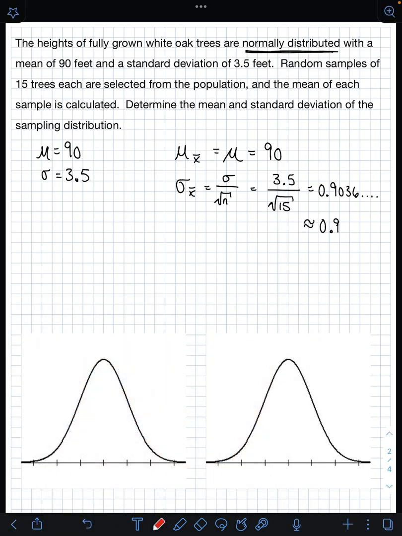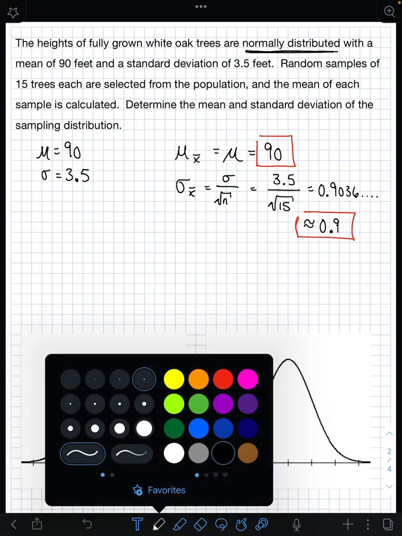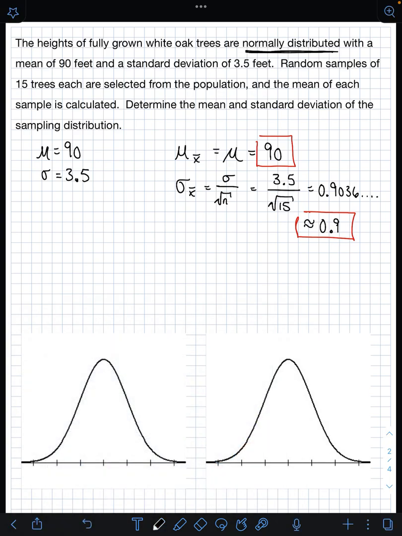So we've got our mean of 90 and our standard deviation of 0.9. Now, I have two normal distribution curves down here, and the idea is that I'm going to label them with the mean and standard deviation of each one.